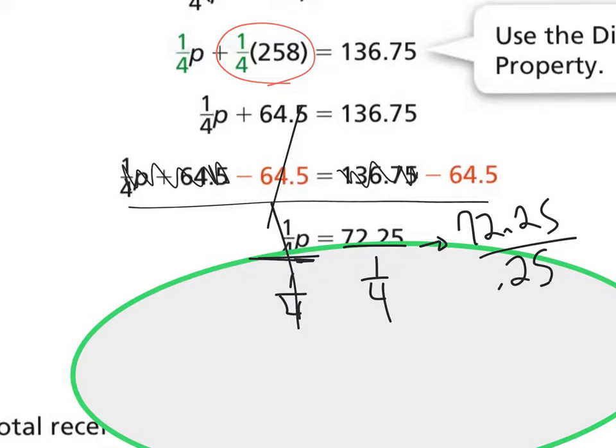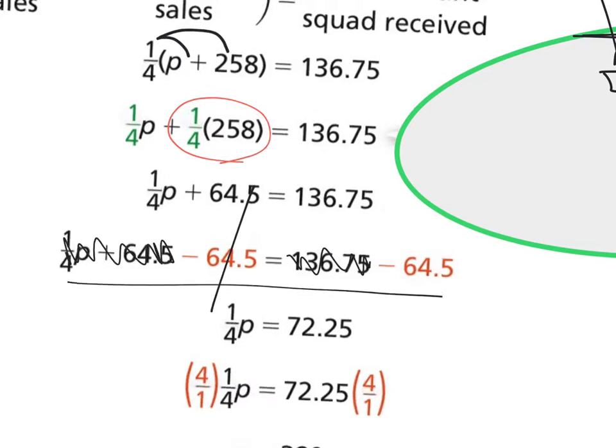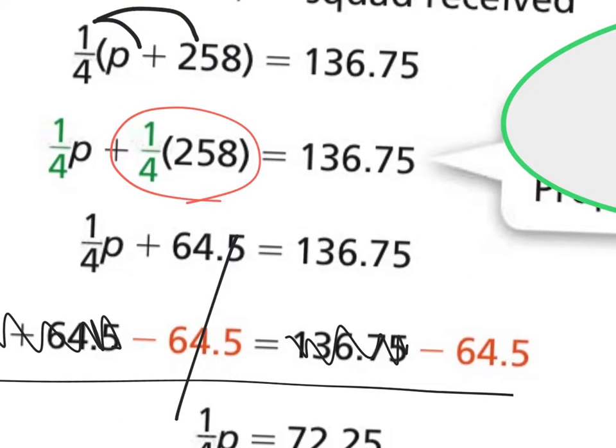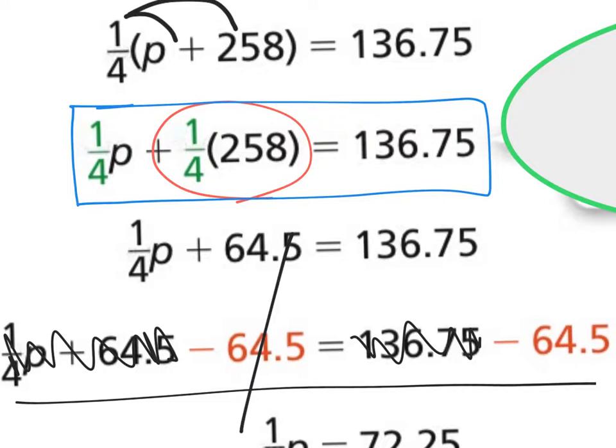On this problem, a little bit different setup would not have required using the distributive property. You could have just said it's 1/4 of each thing, so we could have gone right to the step after we distributed. 1/4 of the pom-pom sales, so 1/4 times P, plus 1/4 of the foam finger sales, so 1/4 times 258, equals 136.75.